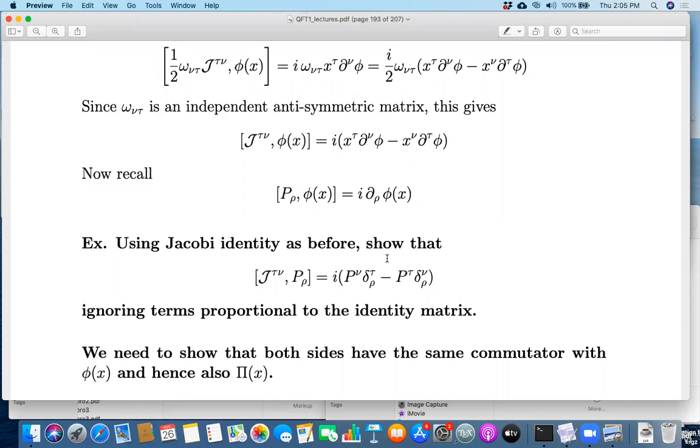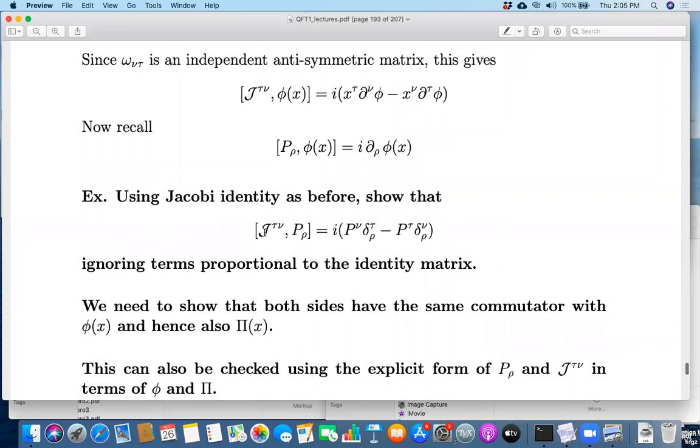And again, we have to ignore terms that are proportional to the identity matrix. Because what you will show is that the commutator of the left hand side with phi is the same as the commutator of the right hand side with phi. But that leaves the possibility that the left hand side and the right hand side differ by something proportional to the identity matrix.